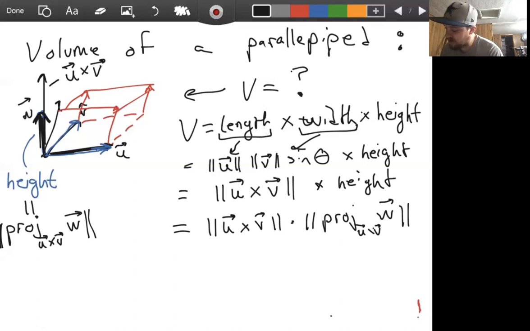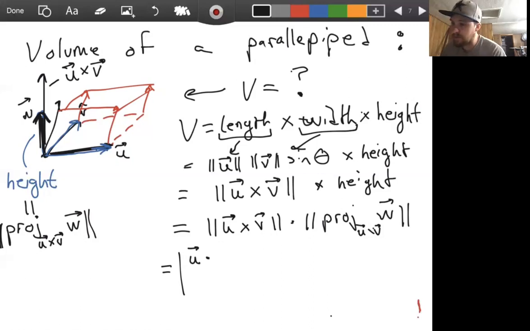And if you simplify this, I'm going to switch the order here. What is the magnitude of the projection? Well, last time we learned that it's the absolute value of, well, I'm going to slap on absolute value signs here because conventionally we want a positive volume, right? It's kind of odd to consider a negative volume. And so for that reason, I'm going to only consider the absolute value of the magnitude of the projection vector here.